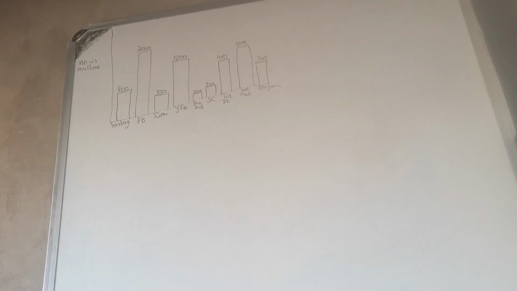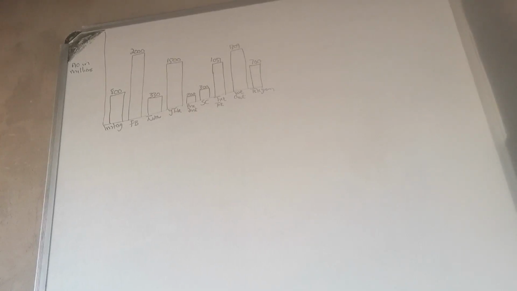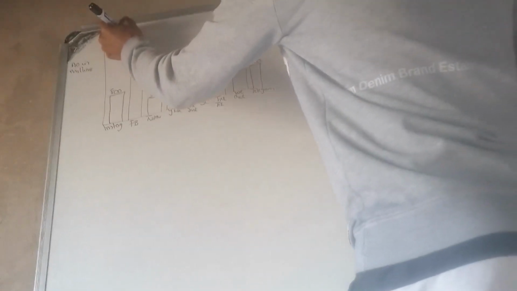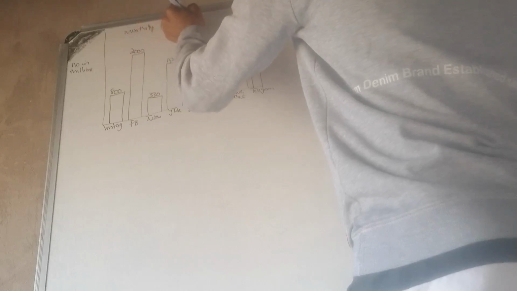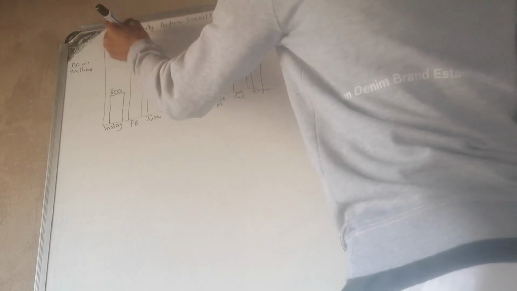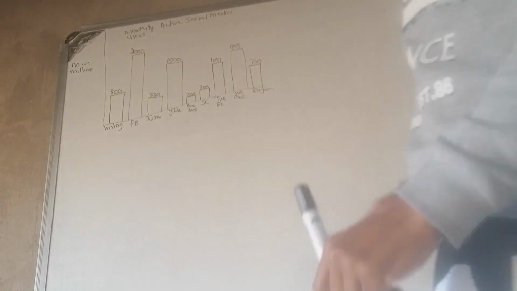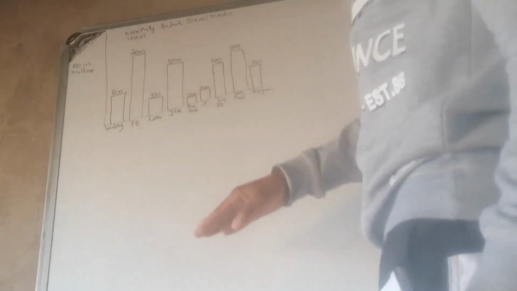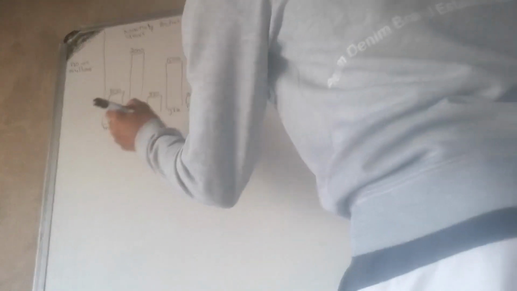What is this? This is monthly active social media users. Okay, and this is the number in millions, and this is the type of social media platform.